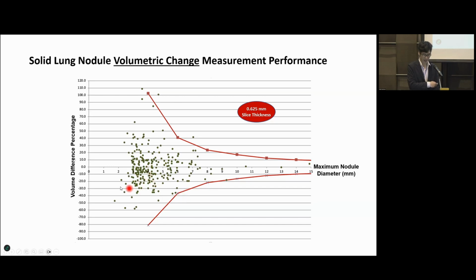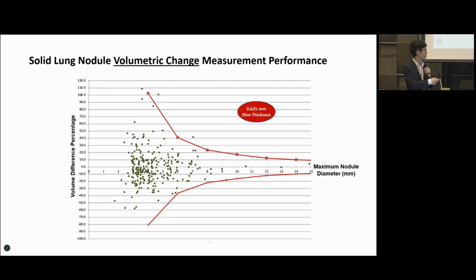Essentially, what this means is the variation you see is not consistent, and it varies with the nodule size, and smaller nodules have higher variation, as you might expect. So the variation of the nodule size decreases with size.